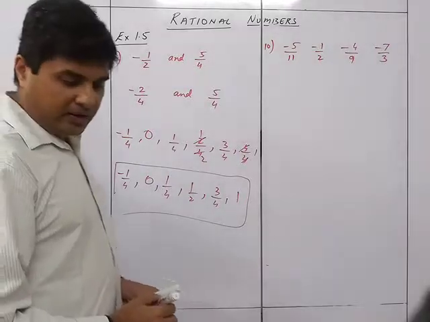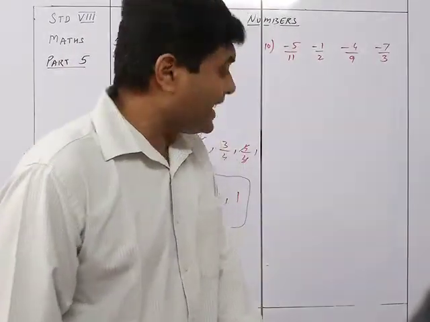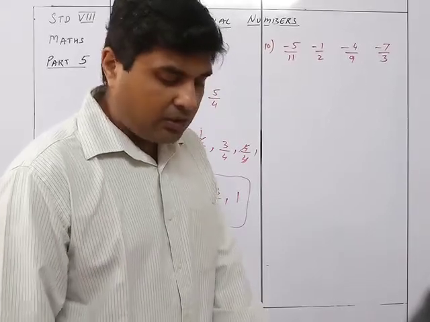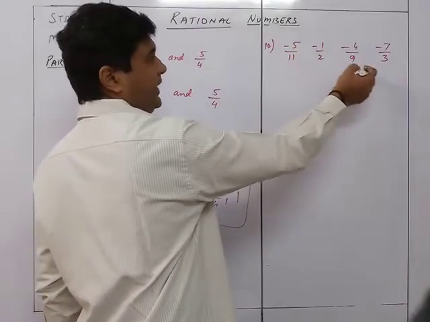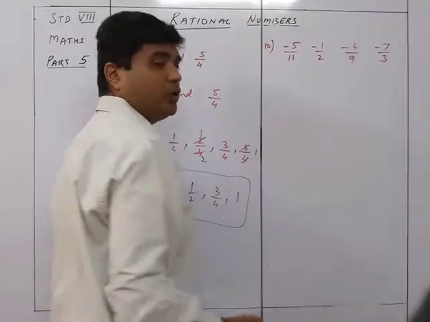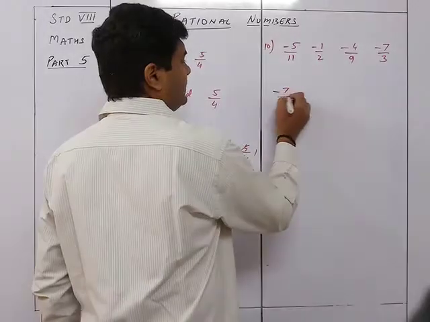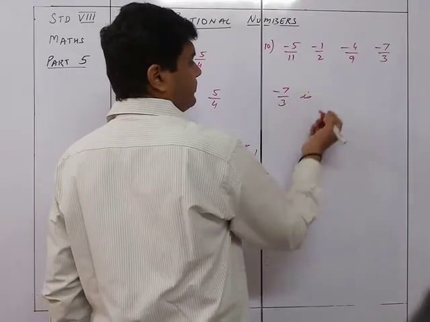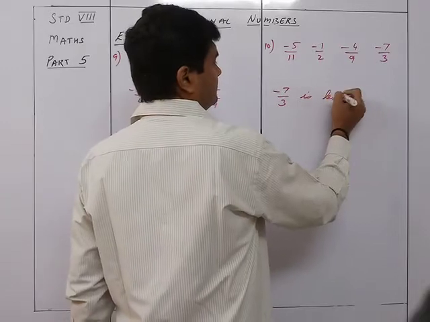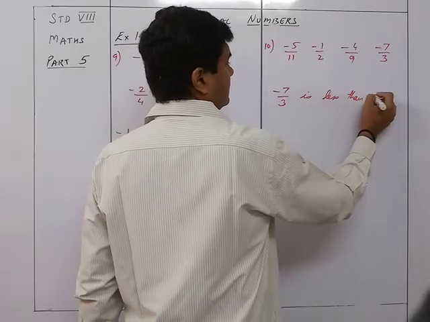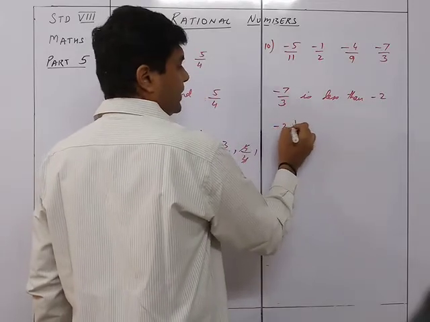So you can see over here which rational number is different from the others. So of course you can see the last one. See, all others are going to be 0 point something, this 0.5, this 0 point something. Here it is going to be 2 point something. So only minus 7 upon 3 is the one which is less than minus 2, because it is minus 2 1 upon 3.